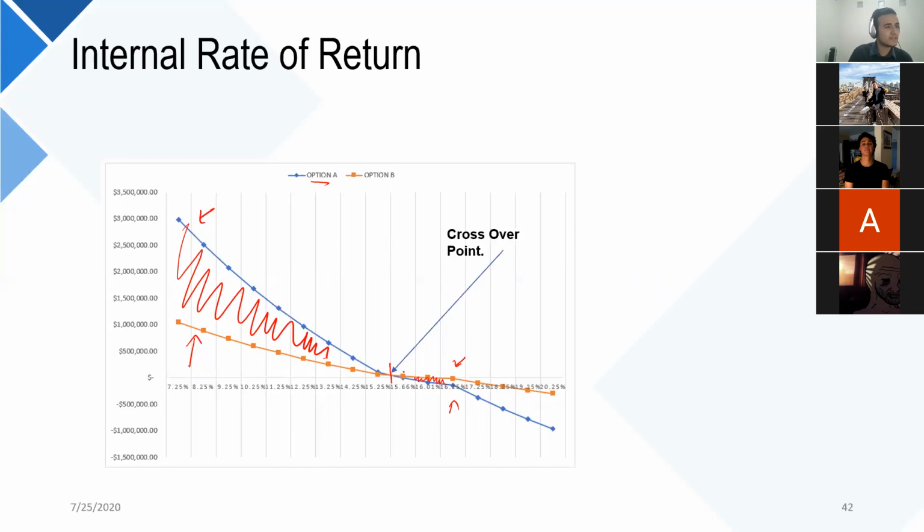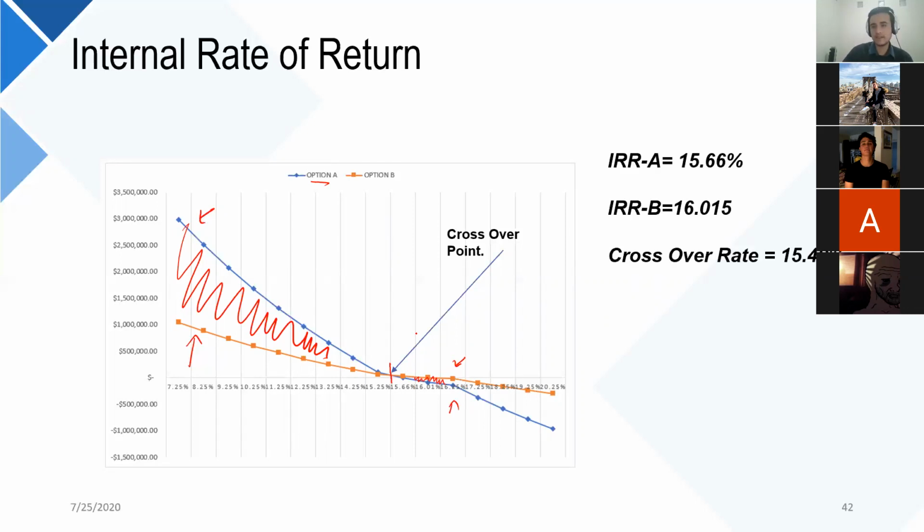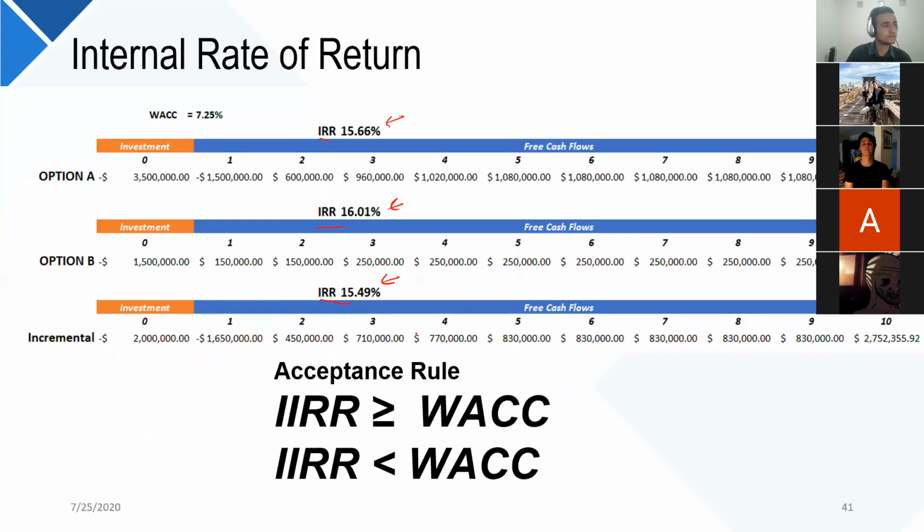What is this point? This point is the crossover rate point. And the crossover rate is the incremental rate of return. It's this one that you already know how to calculate. You just take the difference between the cash flows and you decompound and you find the internal rate of return of the incremental cash flows.